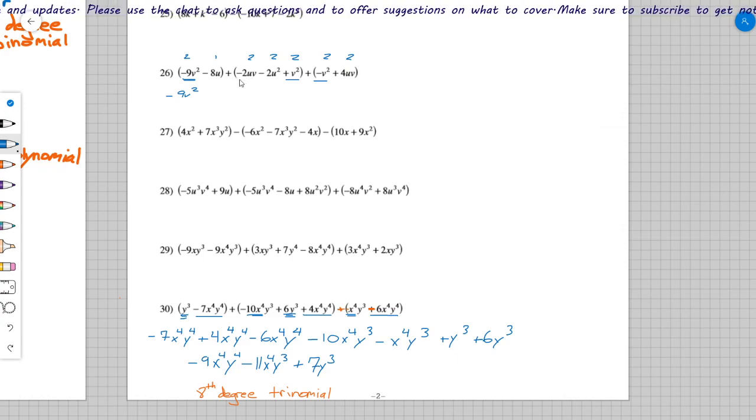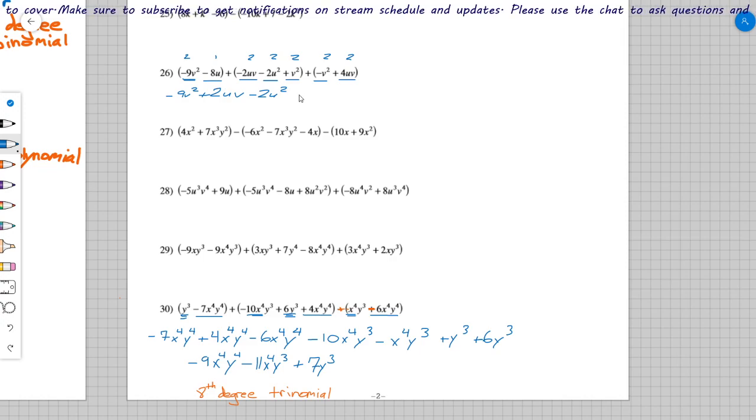That's going to be negative 2uv, 4uv. So negative 2 plus 4 is going to be positive 2uv. Then we just have 1 negative 2u squared, and then negative 8u. So that would be our answer.